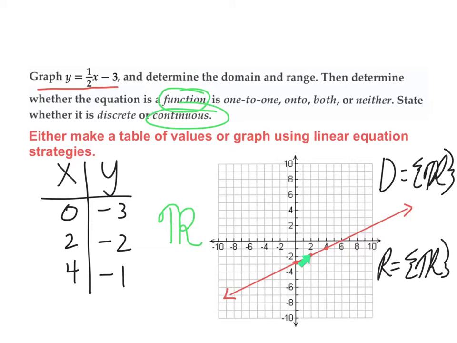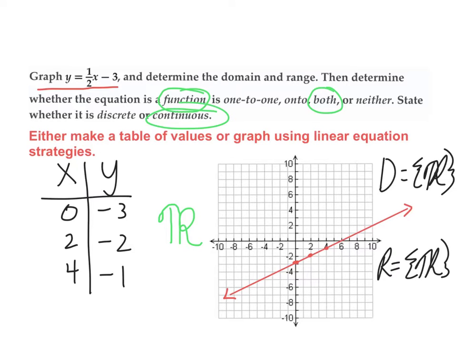No. On this line? No, it can never. Can never be used more than once. Once it gets used, it's used. So that makes it 1 to 1. Does every value in the set of all real numbers get used on this line eventually? Yes. So then it's also onto, which means if it's 1 to 1 and onto, that makes it both.